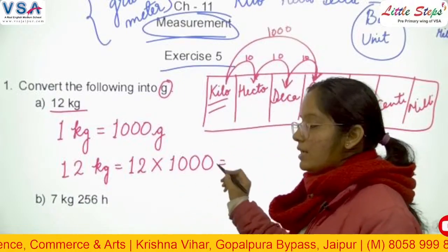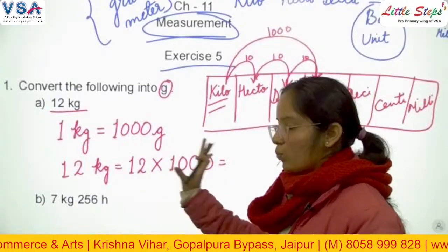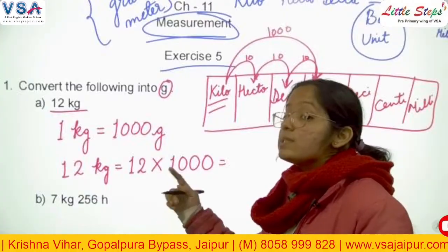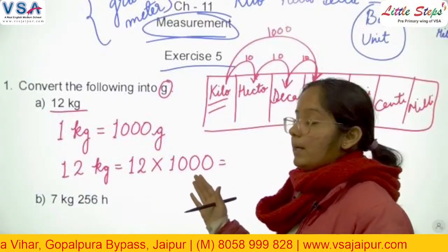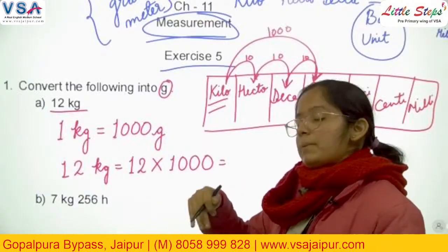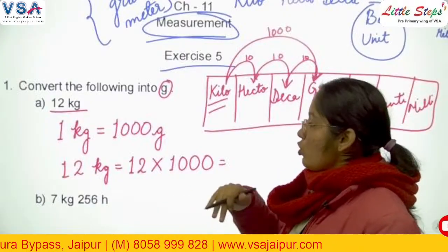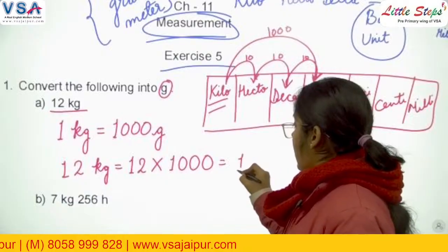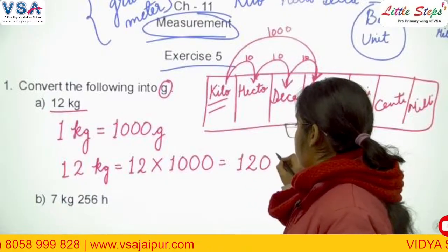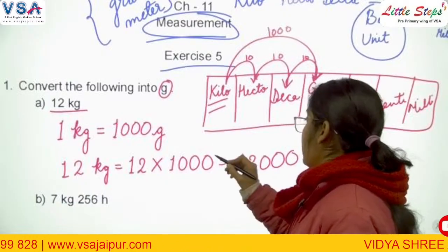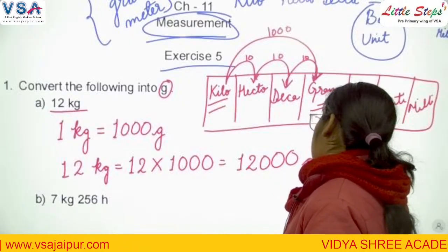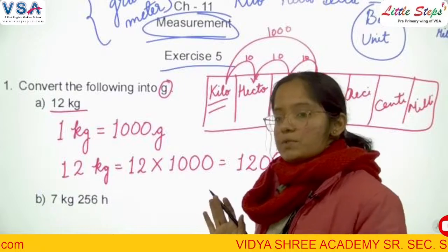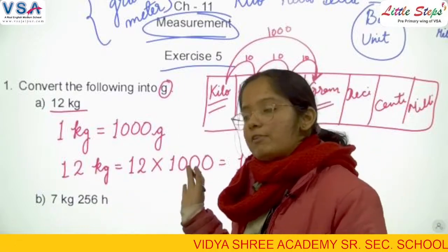Here are 3 zeros and 12 is just a number. Here is 1, not 2000 or 3000, otherwise we would have multiplied. When we multiply any number by 1, it comes to the number itself. So 12 multiplied by 1 is 12 and here are 3 zeros. So 3 zeros are added here, and the unit is grams. So it will be 12,000 grams. 12 kg is equal to 12,000 grams.